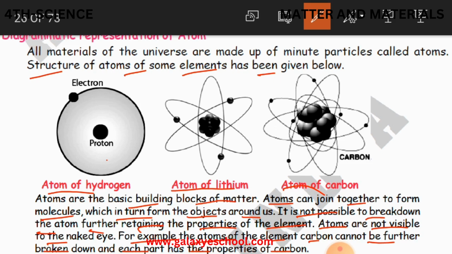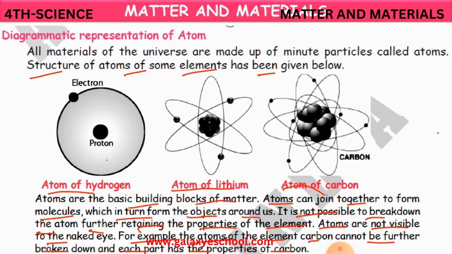Whatever property the atom has stays with the element. As you go to higher classes, you will learn more about this. What you have to learn is that an atom is a minute particle.